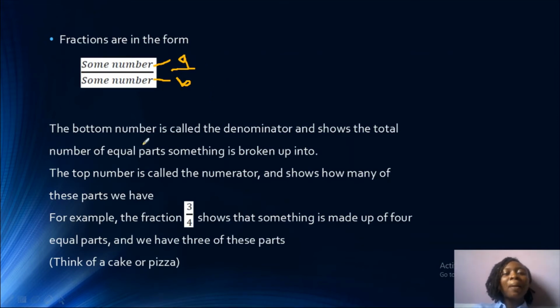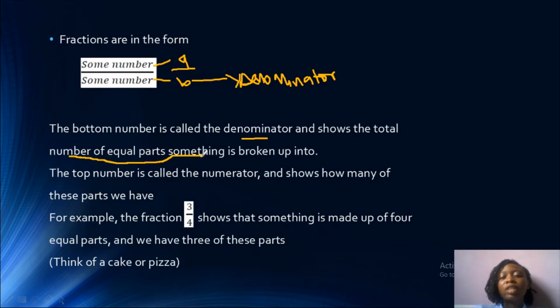So the bottom number is called the denominator. Bottom number, denominator. And it shows the total number of equal parts something is broken up into.